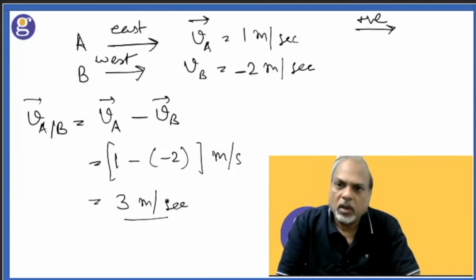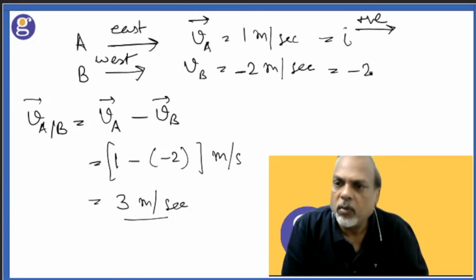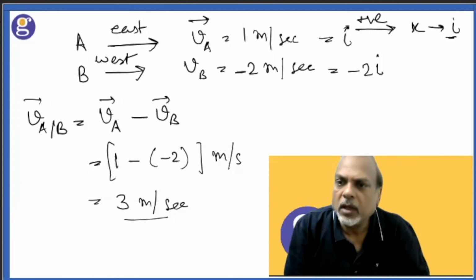Vectorially also, we can write this as I, and this is minus 2I. Suppose this direction we take as the x direction, the unit vector in the x direction is I. Correct? These are unit vectors.